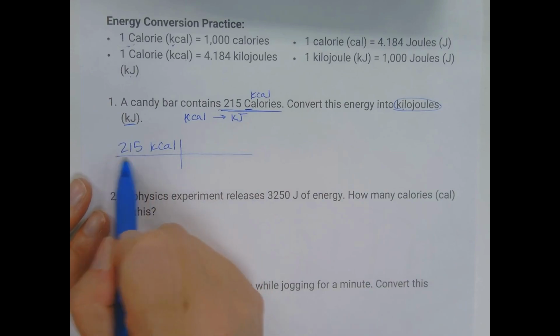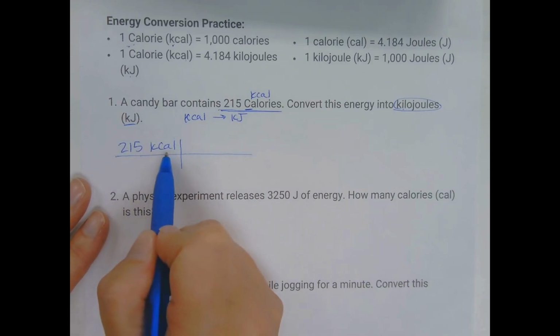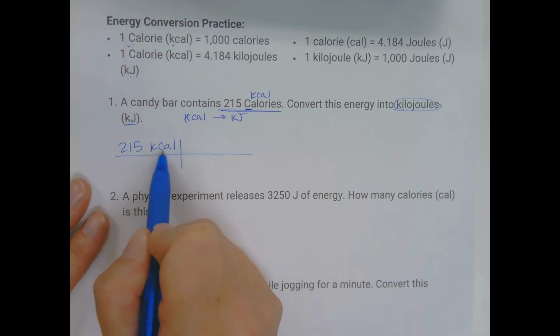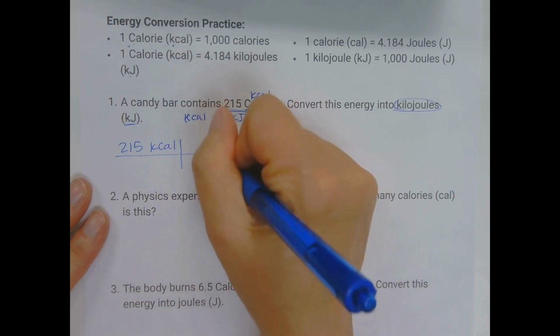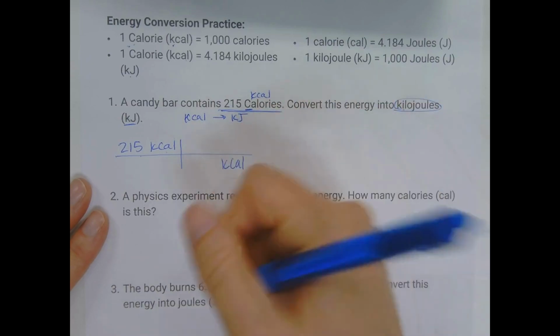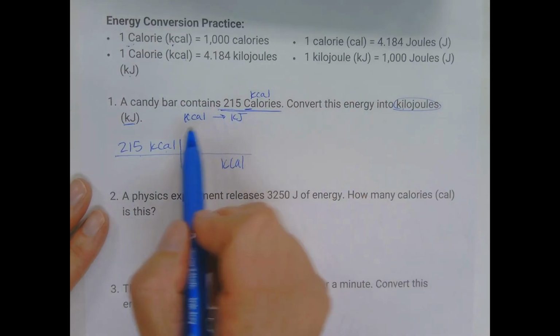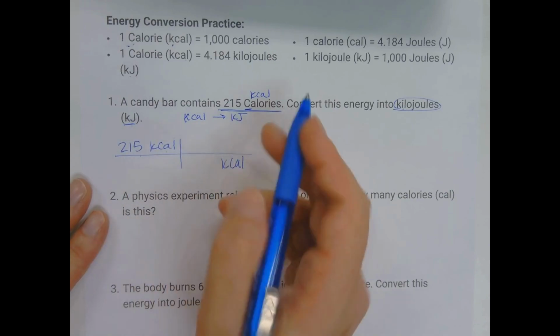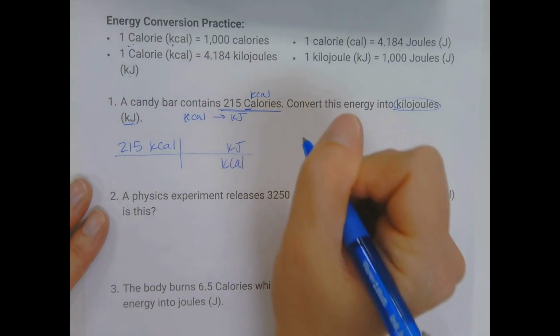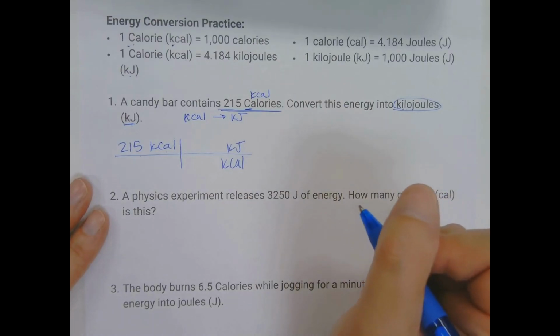So you put your given in your top left box, and then whatever unit you have in your given, you automatically drop it to the bottom of the next train track. So it will cancel, just like x over x would cancel in a math class. Next, I'm looking for kilojoules. So I'm going to put that at the top of my train track.